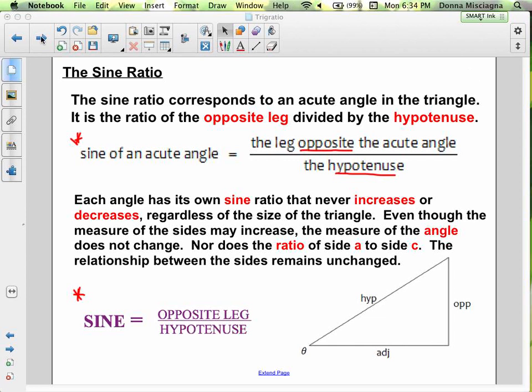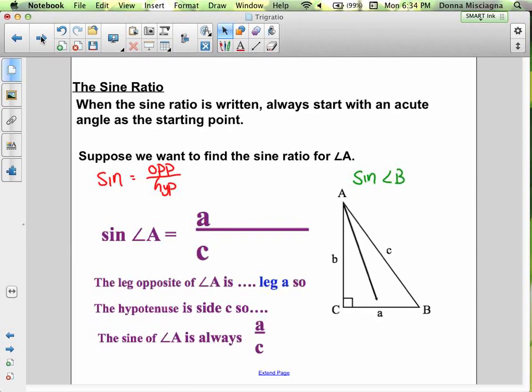So let's find some sine ratios. When the sine ratio is written, always start with an acute angle as a starting point, because we never start with the right angle. Suppose we want to find the sine ratio for angle A. The sine ratio is the opposite over the hypotenuse.